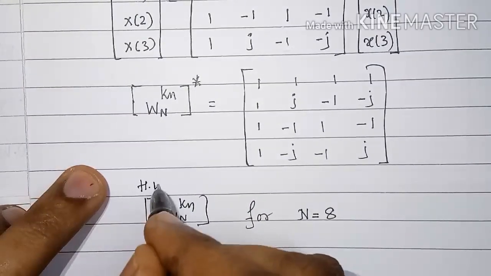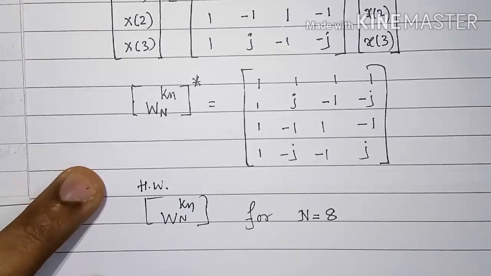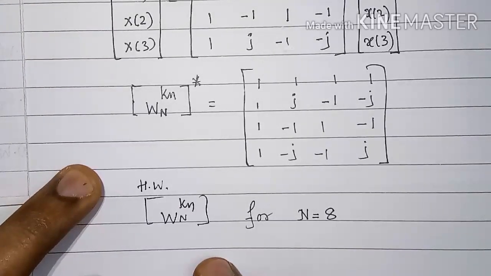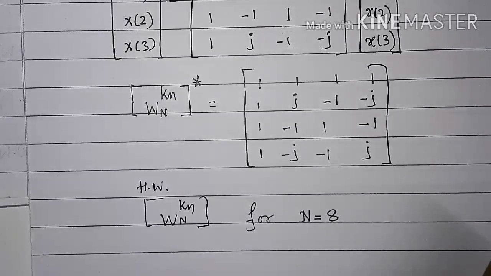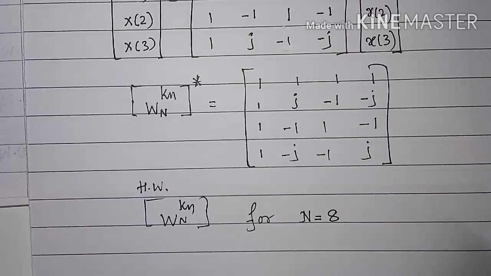This is homework for you. It is very much essential because in the next class we will solve one problem based on this W N raised to kn. Today we will take one simple example to compute the DFT of a given sequence for capital N equal to 4.